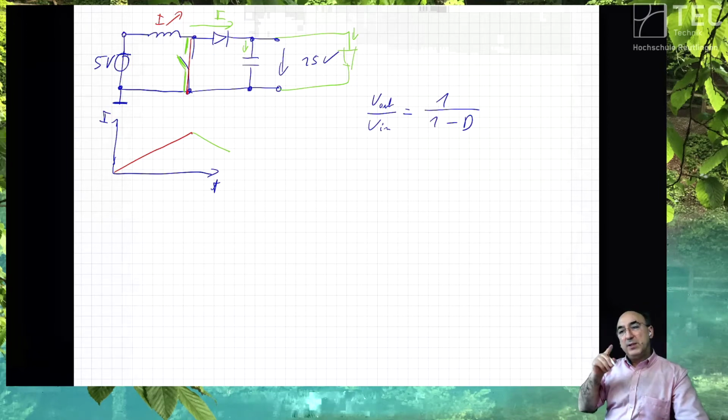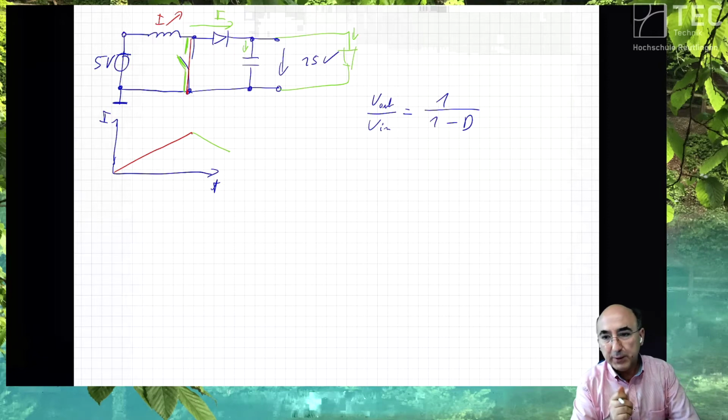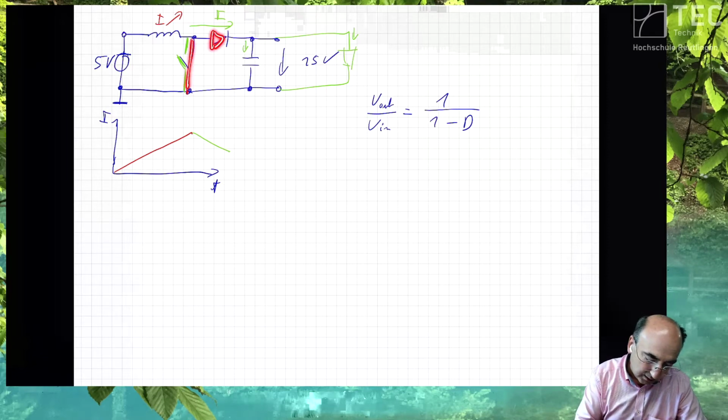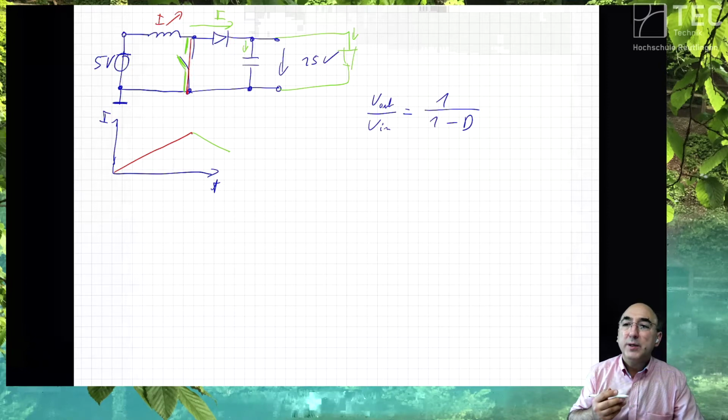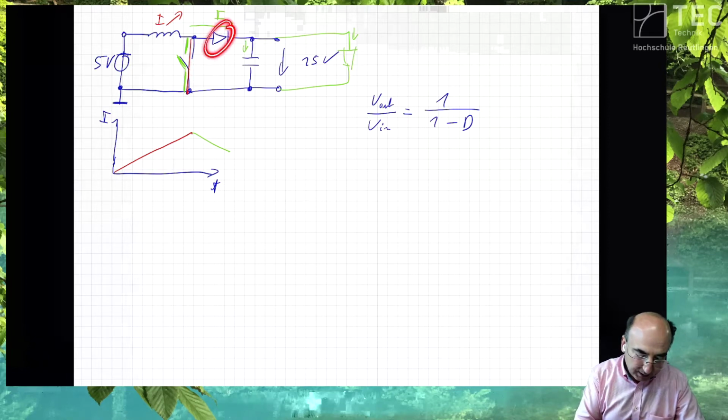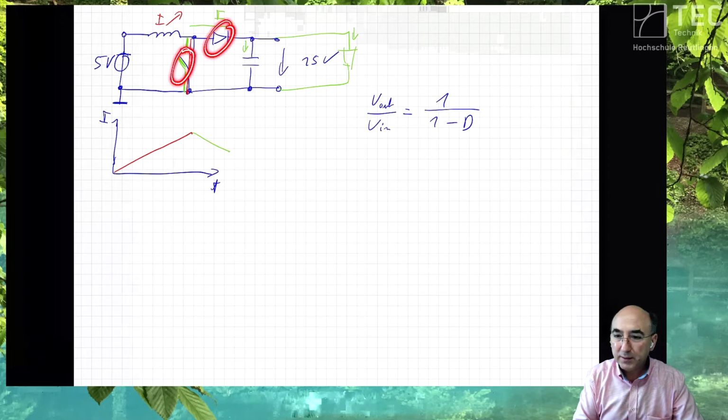And if you increase the frequency at which you are switching this transistor and this diode, you can burn these devices without having much application here.